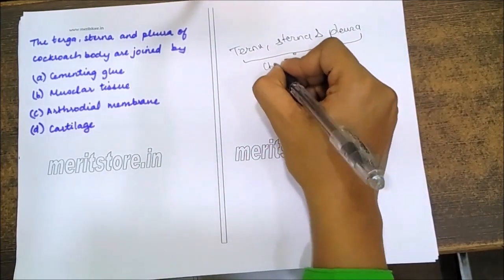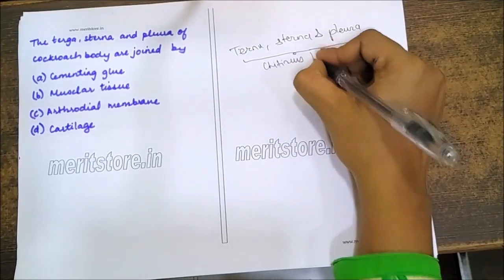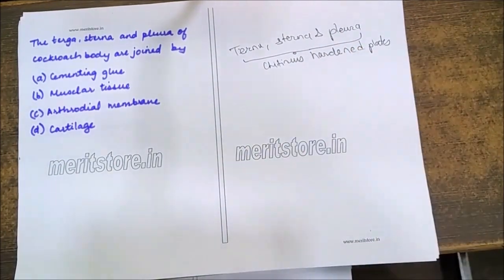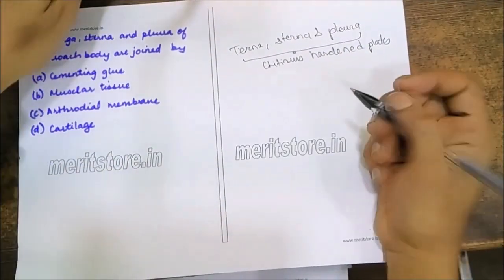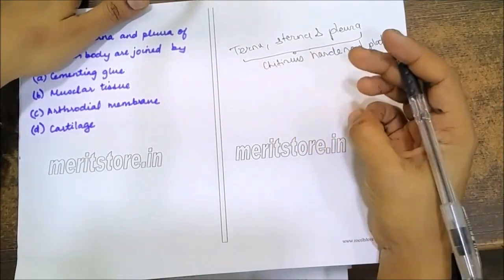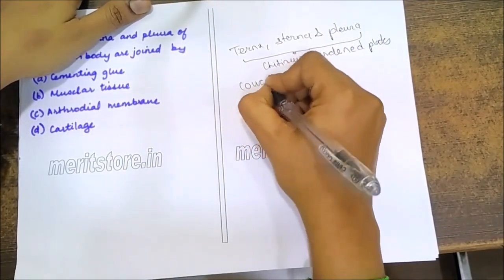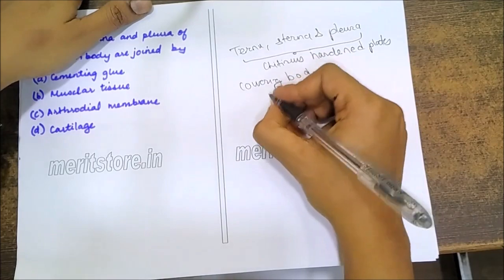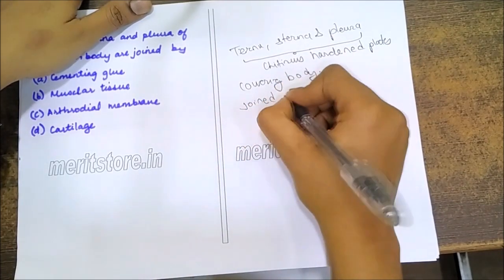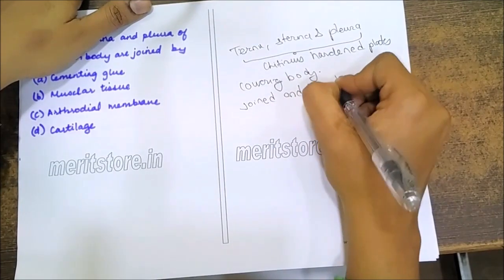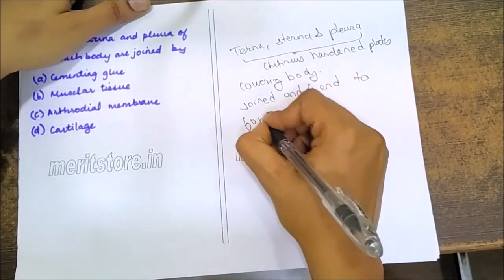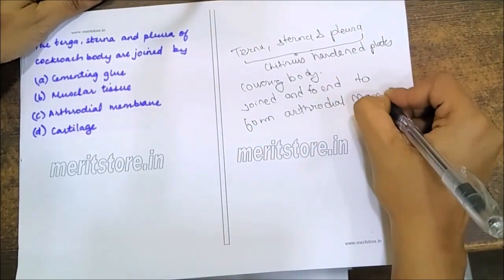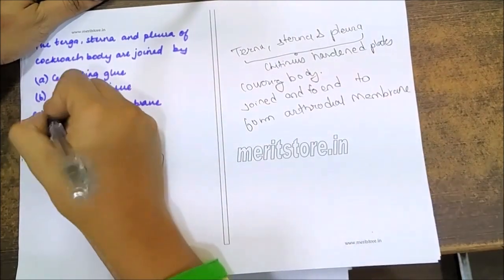So they are chitinous and hardened plates which are covering the body. Okay, and they are joined end to end to form arthrodial membrane. So the correct option is C.